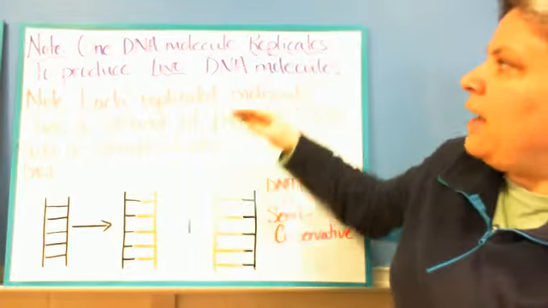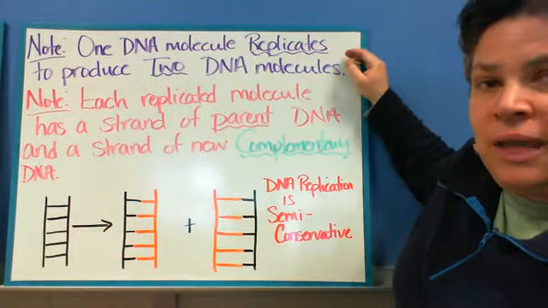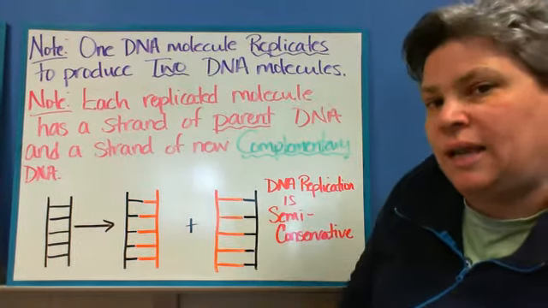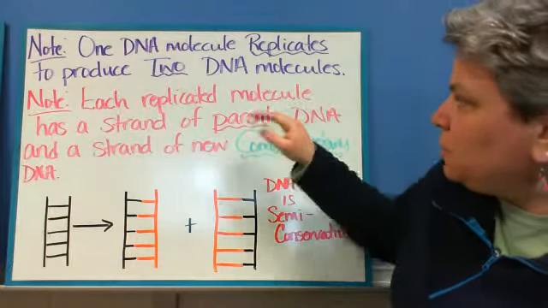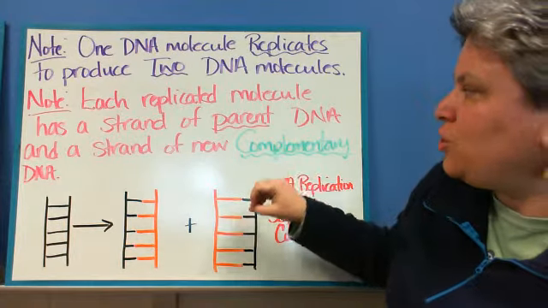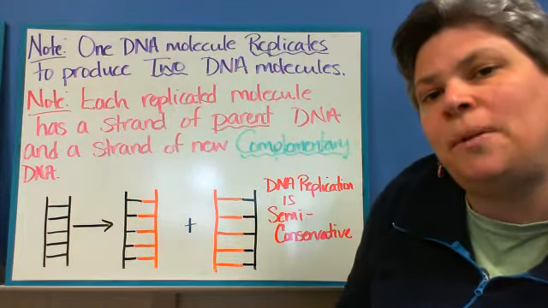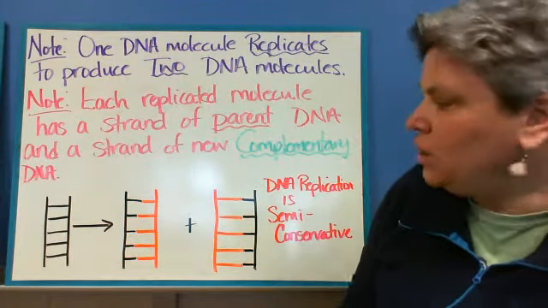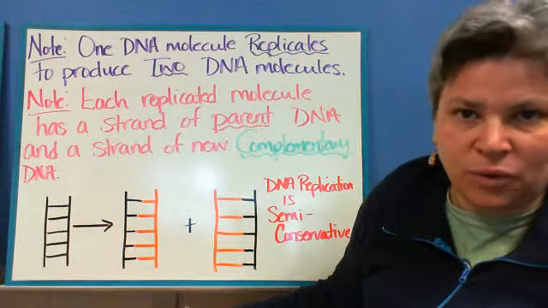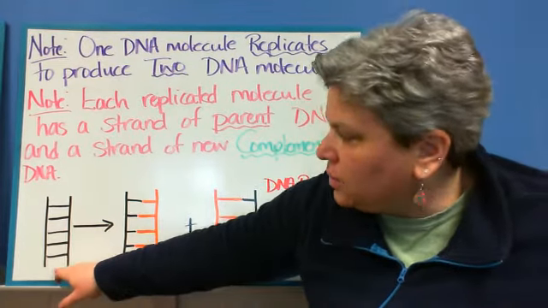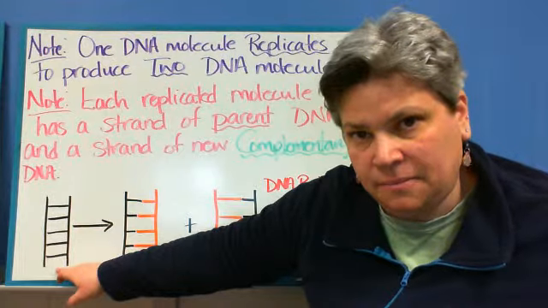Worth noting is the fact that one DNA molecule replicates to produce two DNA molecules. And each replicated molecule has a strand of the parent DNA and a strand of the new complementary DNA. So what I've tried to do is represent that for you in a picture. Here's my original parent strand of DNA.